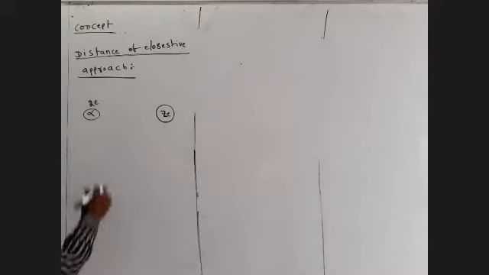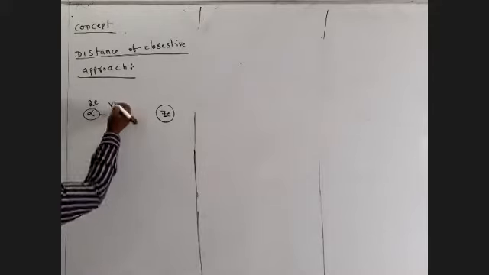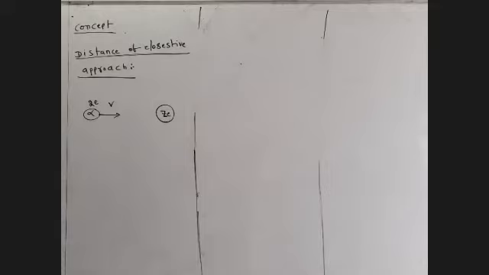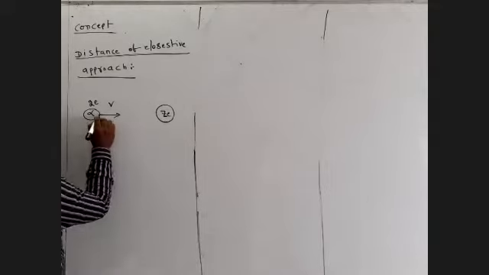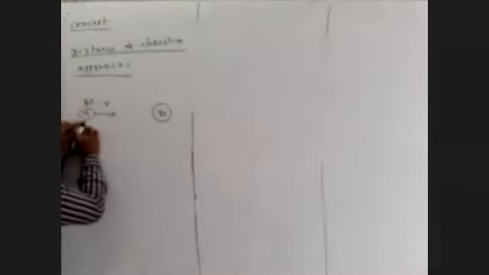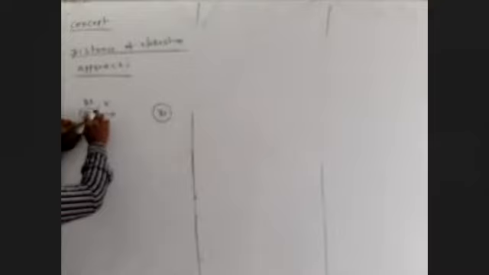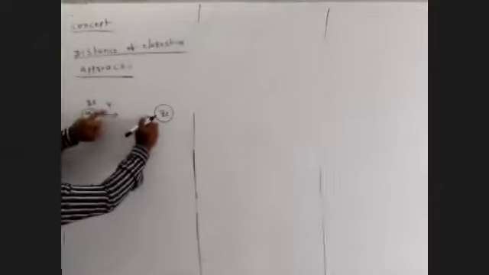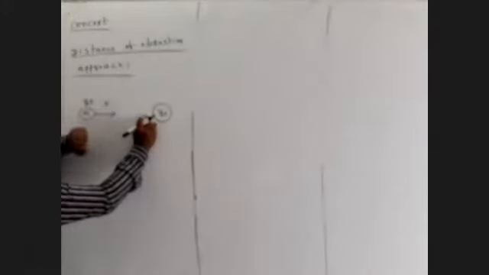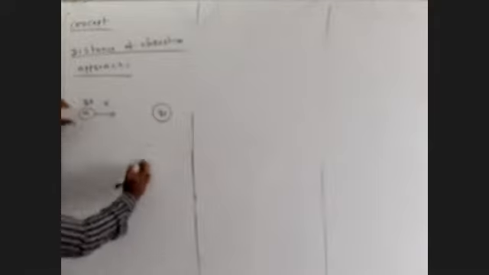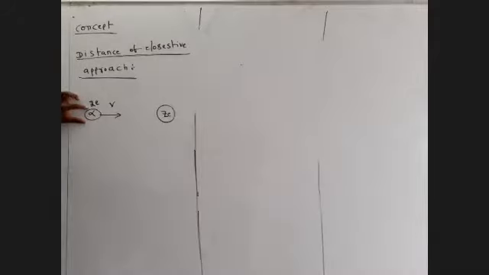This alpha particle is fired with the velocity v. It is shot towards the nucleus ZE.